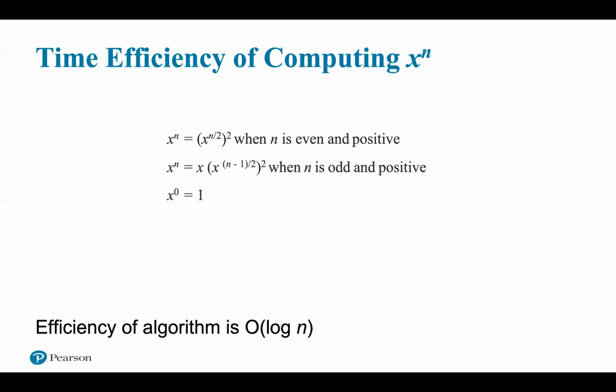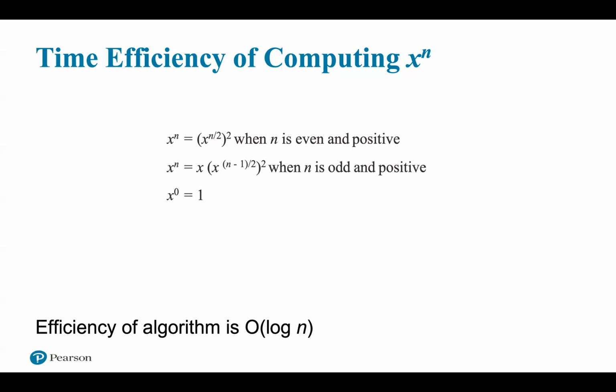The computation could be implemented by a method power(x, n) that contains a recursive call power(x, n/2). Since integer division in Java truncates its result, this call is appropriate regardless of whether n is even or odd. Thus, power(x, n) would invoke power(x, n/2) once, square the result, and if n is odd, multiply the square by x.